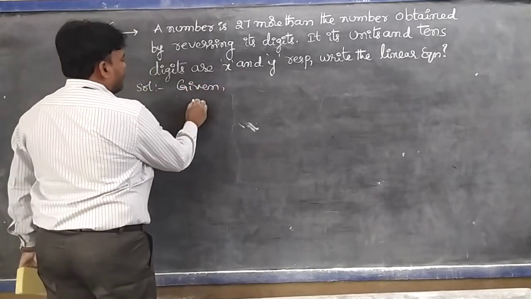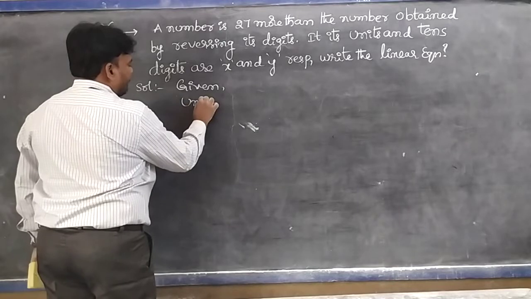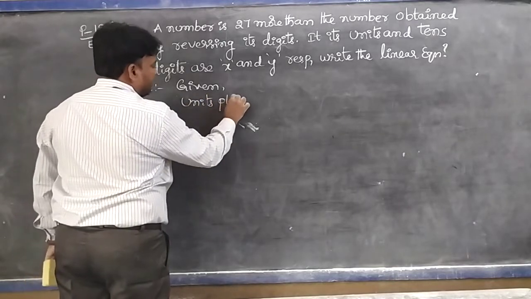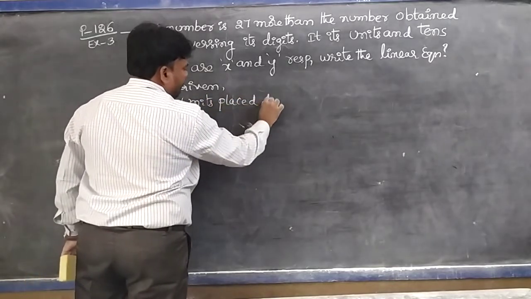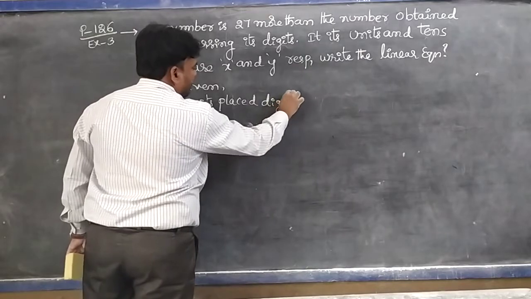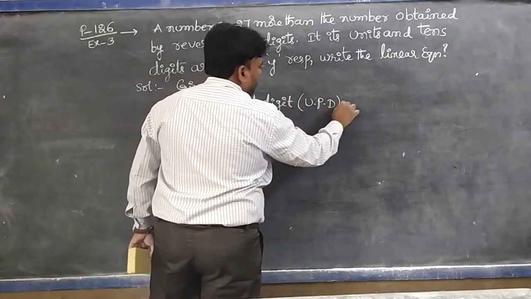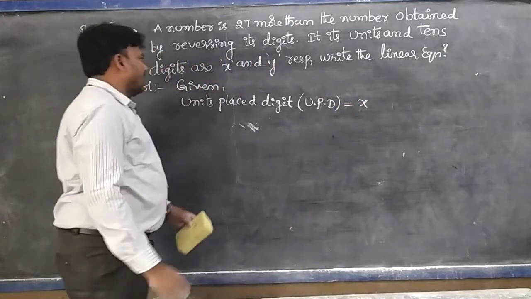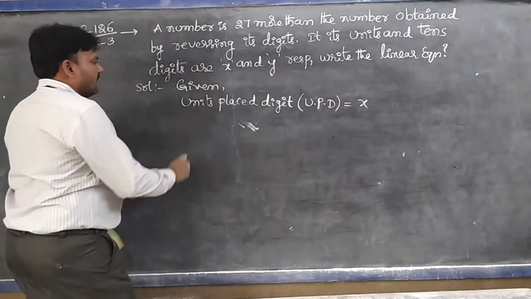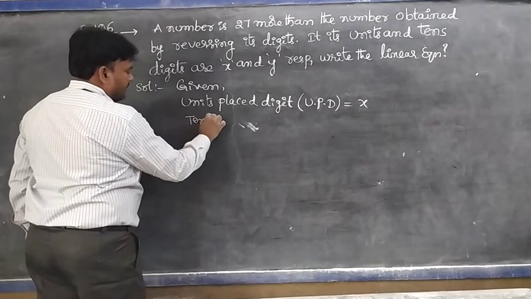Units place digit. Unit place digit, we have taken UPD. UPD is already given according to the problem as x, students. Next one, tens place digit.